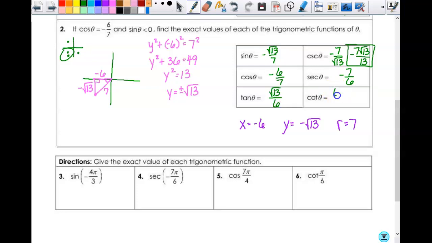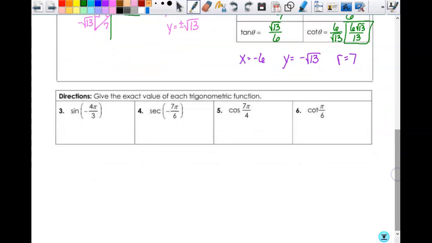Cotangent is the reciprocal, so it'll be 6 over the square root of 13, so that's 6 square root of 13 over 13. Once again, I am in quadrant 3. In quadrant 3, the only things that are positive are tangent and its reciprocal. These two answers are positive, the rest of these are negative, and it all jives. There we go.